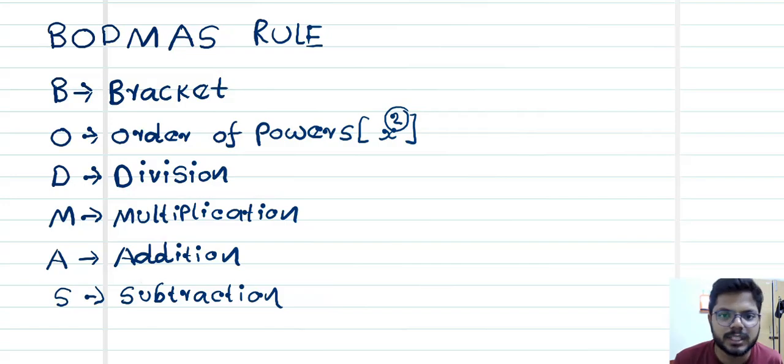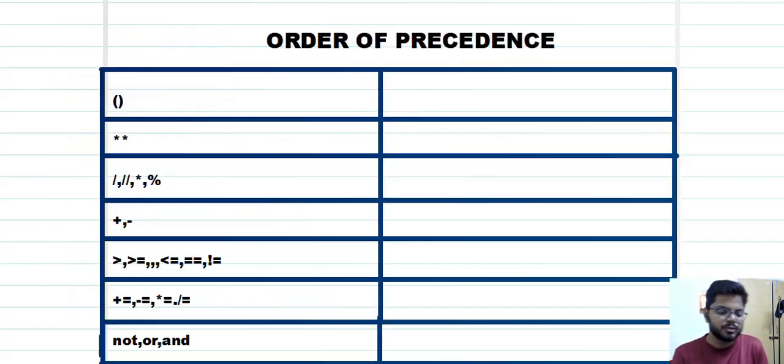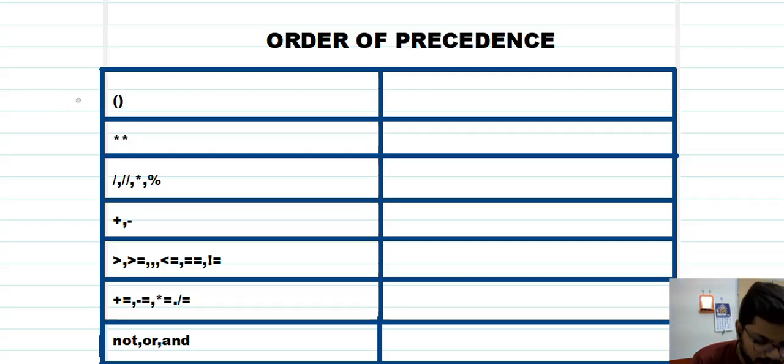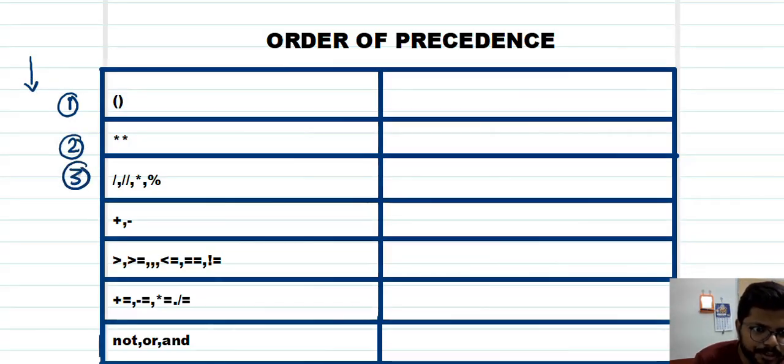Now we will see how this is affected in a tabular form. Here we can clearly see this is first, in this way my order of preference will go. This is second, third, fourth, fifth, sixth, seventh.